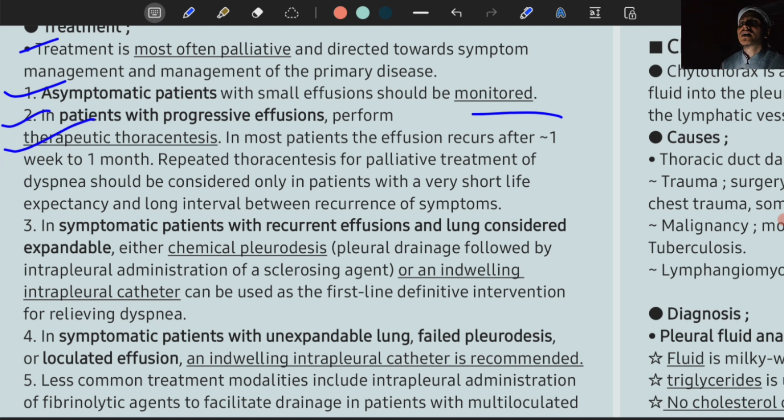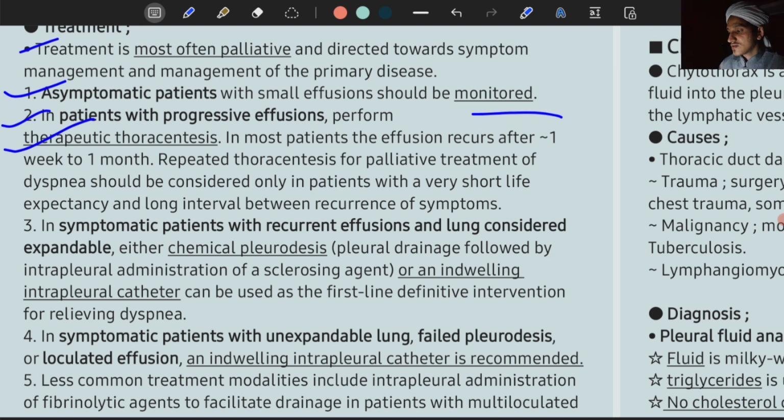Recurrent effusions, there are two opinions. The recommended thing is, if there are recurrent effusions and the patient has less life expectancy, then you can perform recurrent tapping. But if the patient has long life expectancy, you don't perform recurrent tapping.